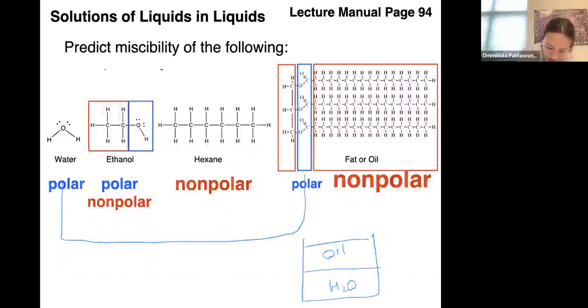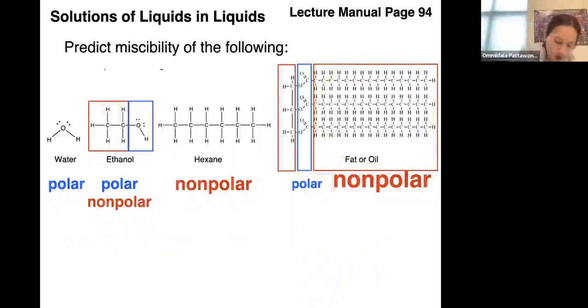So this one right here, not much, is only partial, a tiny amount is going to be able to dissolve in water because oil and fat contain this polar part. But the rest of them, which are non-polar, are going to stay away from water. So now we know polarity.